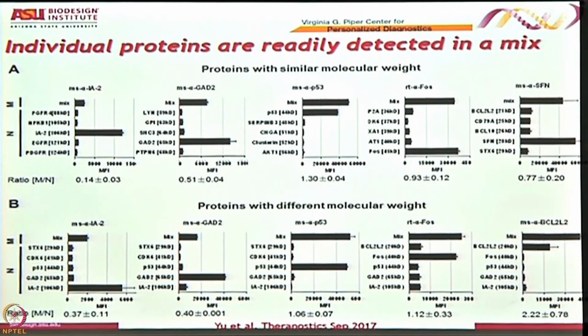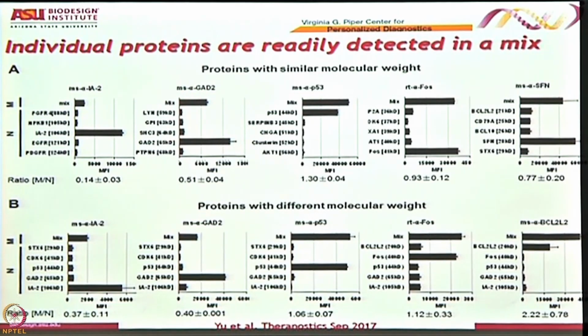And you can see for this IA2 protein, we detected it in the mix. We detected it much better as a single spot. So to some extent, this protein did not do as well in this group as it did there, but we could still measure it. So we wouldn't have missed that in a study. Here's another one, GAD2. We can detect it in the mix.